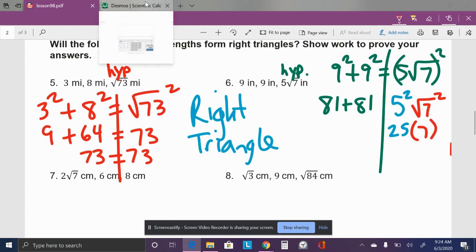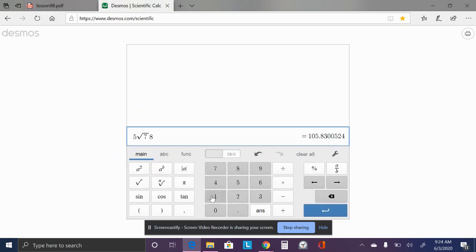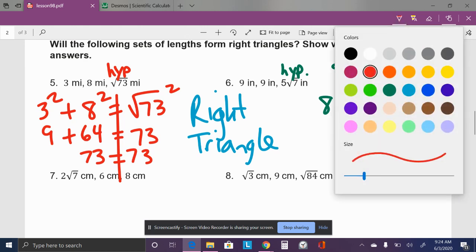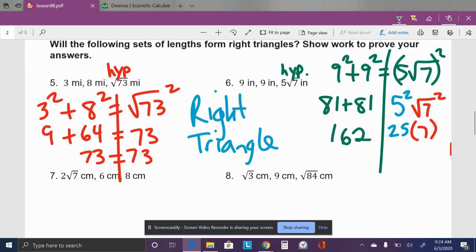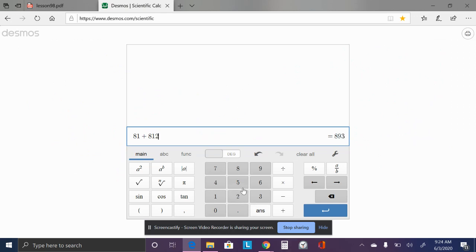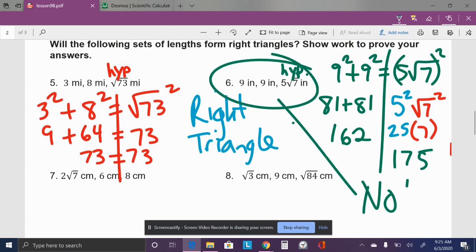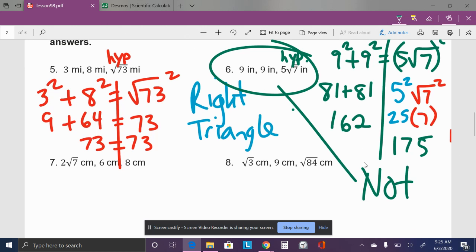All right, let's use our calculators. 81 plus 81 is 162. And 25 times 7, I have a feeling this is not going to be it. We're finally going to get one that's not a right triangle. It is 175. So this right here is not a right triangle.